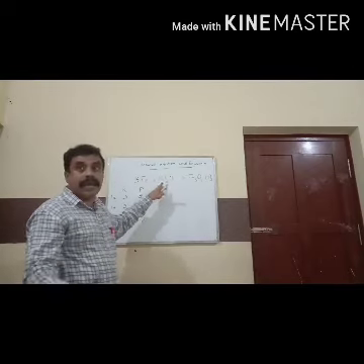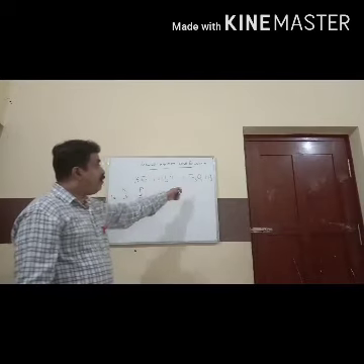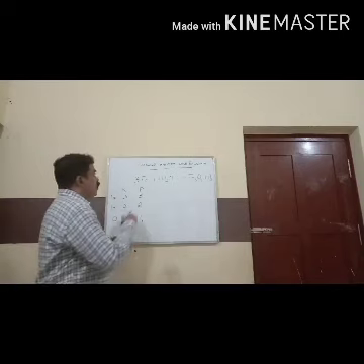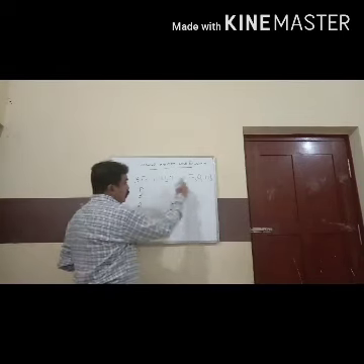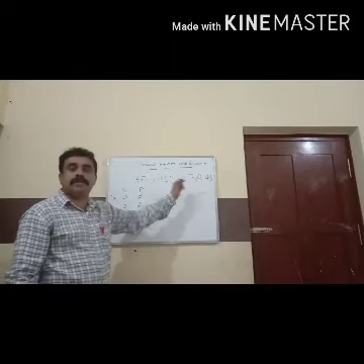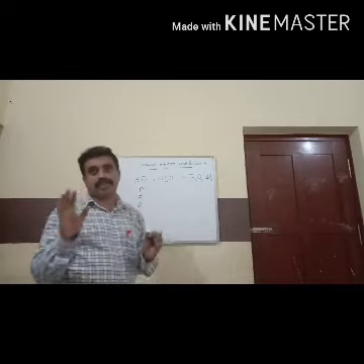So 2 into 4, 8 hydrogen here in the reactant side, whereas in the product side it is only 2. So what we are going to do is put 4 here. So now the reactant side as well as the product side it is 8.